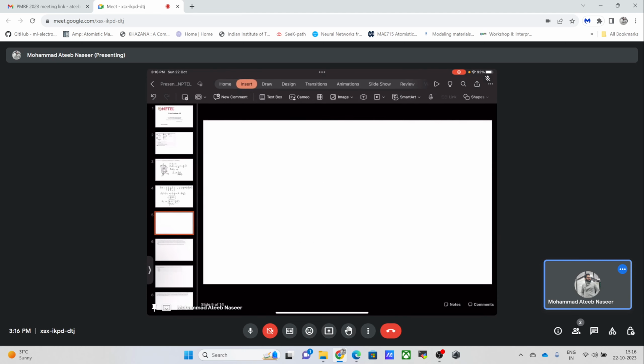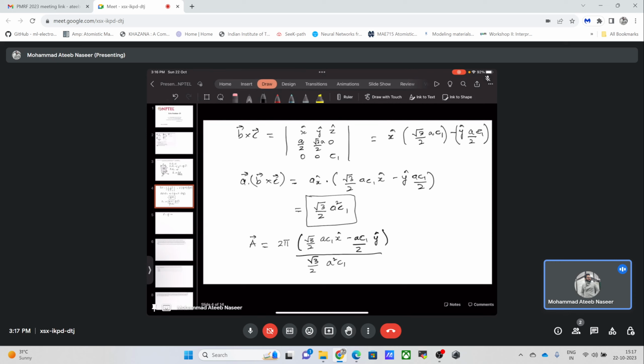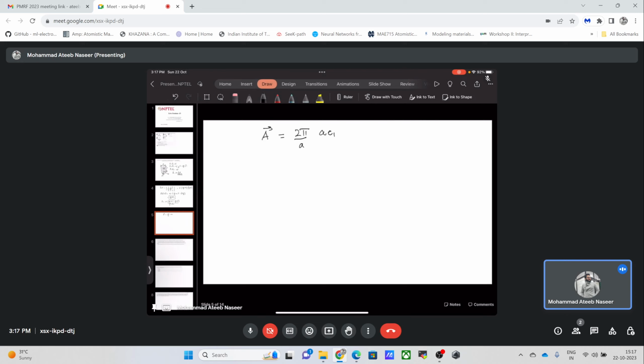Taking 2 pi by a common, this a by c1 will cancel with the other a c1.